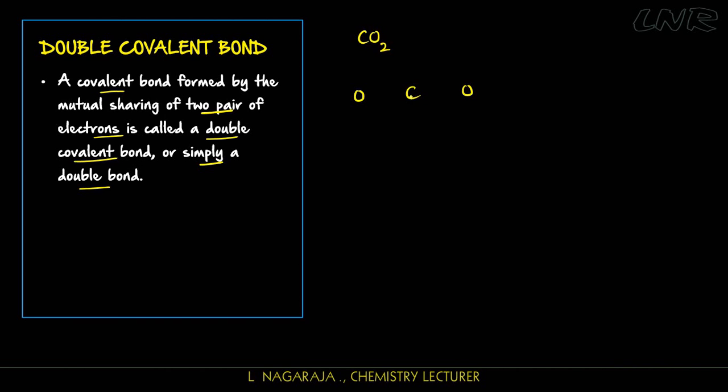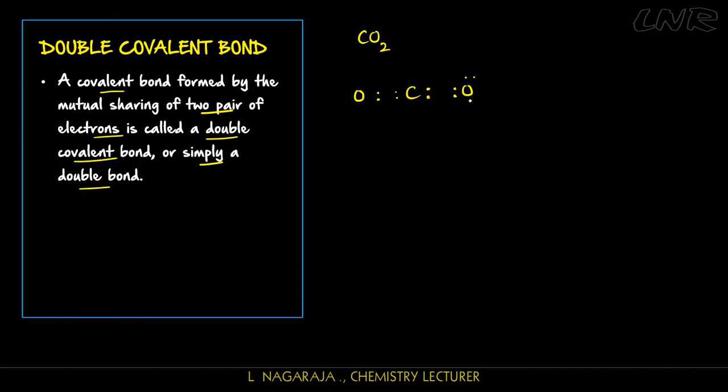Two electrons of the carbon are mutually shared with the two electrons of one oxygen atom, and the remaining two valence electrons of the carbon atom are mutually shared with the two electrons of the other oxygen atom.